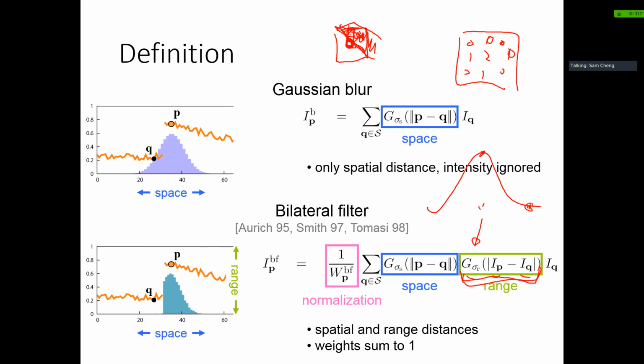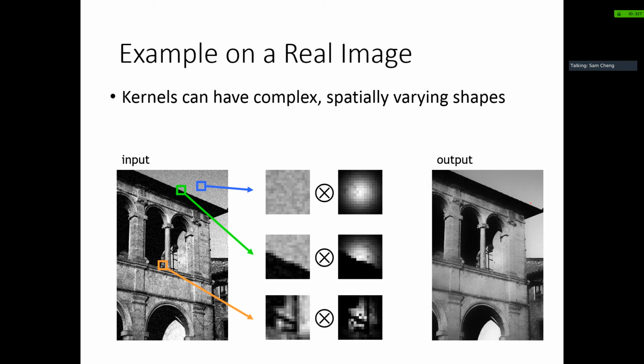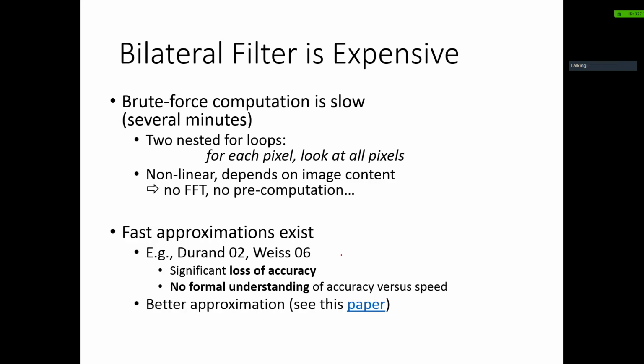This is exactly what I talked about. Originally the kernel is like this, so in this area the kernel will stay like this. But in here it will adapt to the values in the neighborhood. This one is far away from the center pixel, so I won't take it for the average. And then you will get slightly better results.